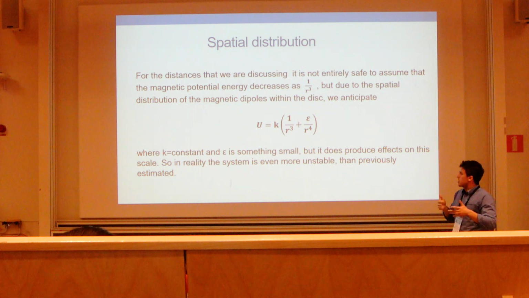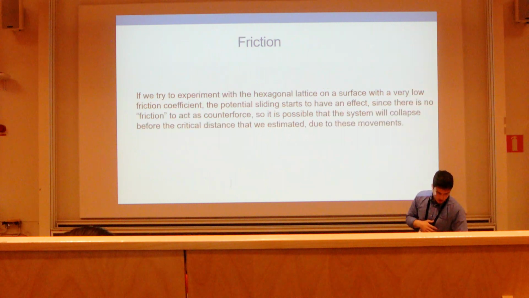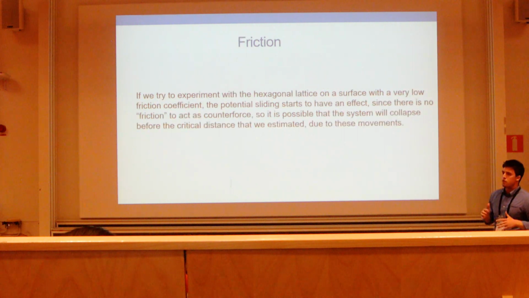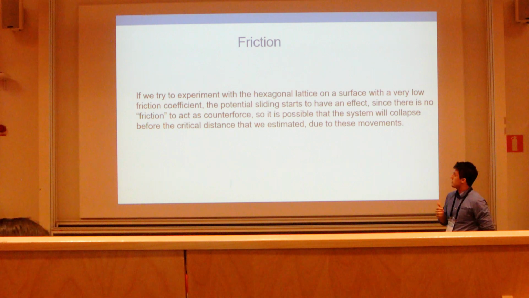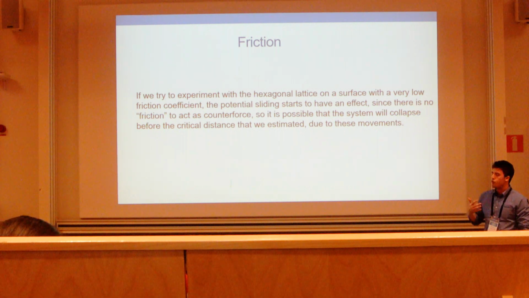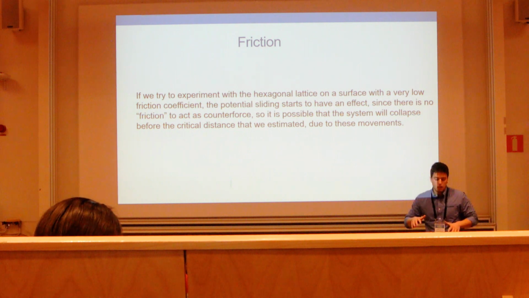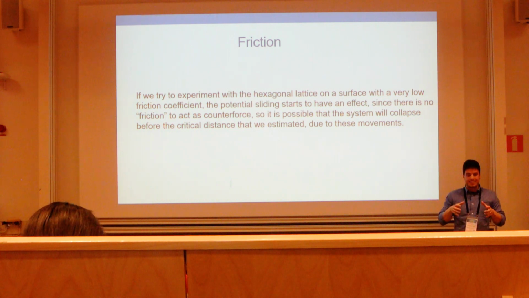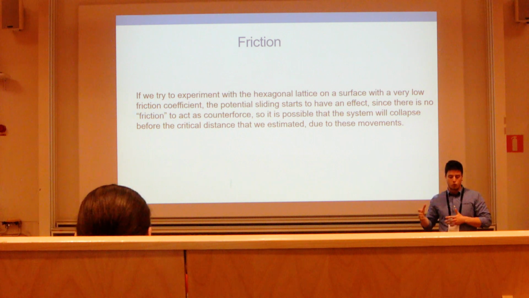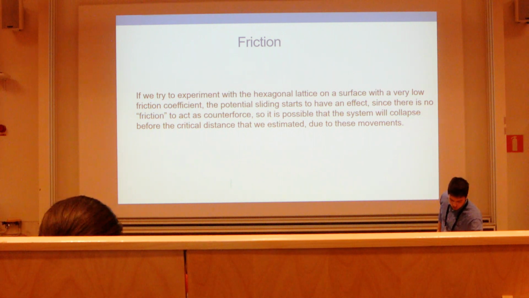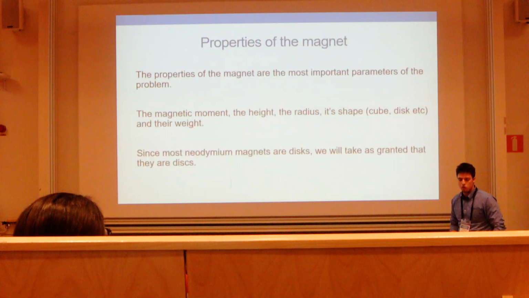So in reality, the system is even more stable than we estimated. The friction. If we experiment with the hexagonal lattice on a surface with a very low friction coefficient, the potential sliding starts to have an effect, since there is no friction to act as a counterforce to the magnetic force. So it is possible for the system to collapse even at a smaller radius.